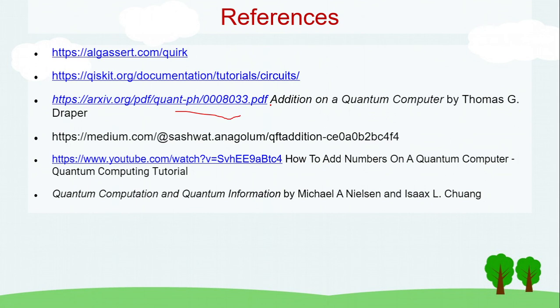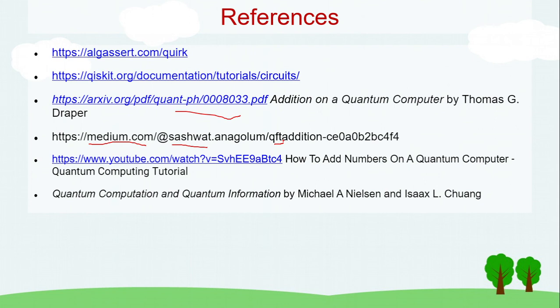They are the inventors of this. And this is an extremely good article written by Saswat. In fact, he has also given the QFT algorithm, so you can make use of that instead of IBM's if you want to. That will give a better understanding of what's happening in QFT.